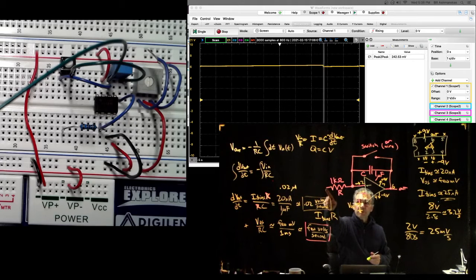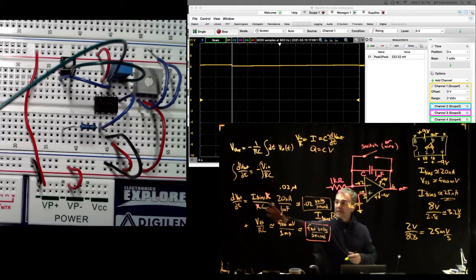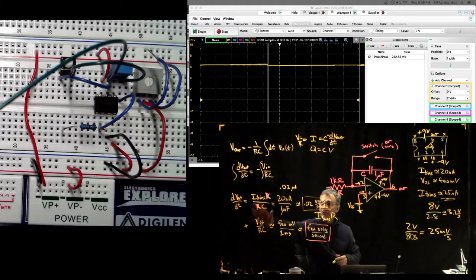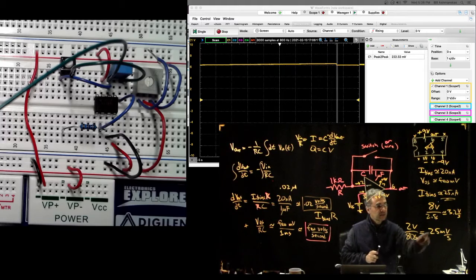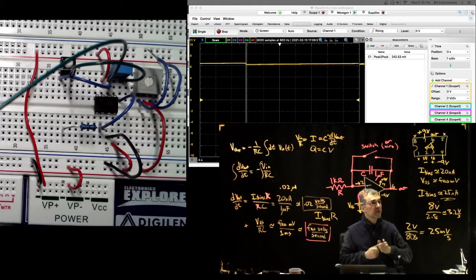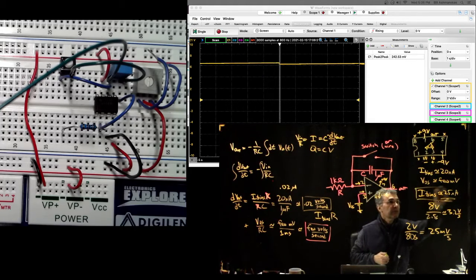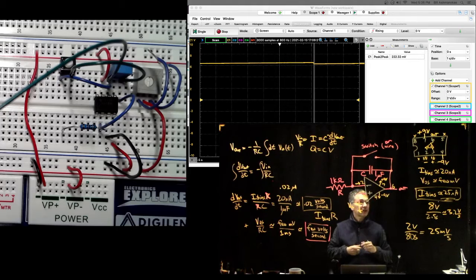Then we unplugged this end of this resistor. So now we no longer have the V offset over RC term, but we still have the Ibias over C term. And then we measured that Ibias over C term to be 25 millivolts per second. That corresponds to an Ibias value of 25 nanoamps.